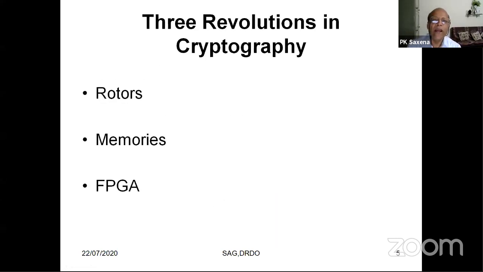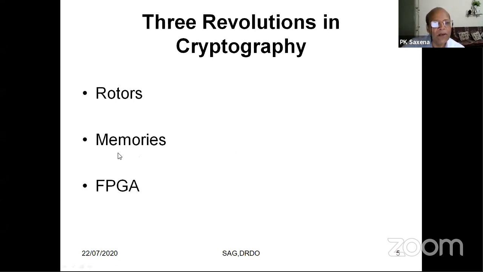So if we look back, this revolution in cryptography actually happened in 3 stages. The first stage was rotors. As I told, these mechanical and electromechanical systems were based on the concept of a rotor.